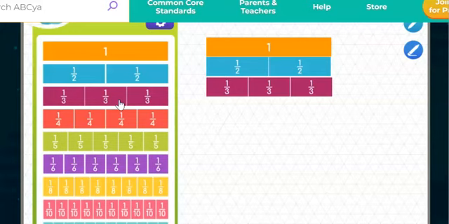And then what you do is you ask them, okay, we have to make the half and the third the same size pieces. So when they pull these pieces out, or they can even have them left in the tray, you could have them say, okay guys, we need to make these pieces the same size. And so we would start maybe with the fourth. Does the fourth evenly fit into the half?